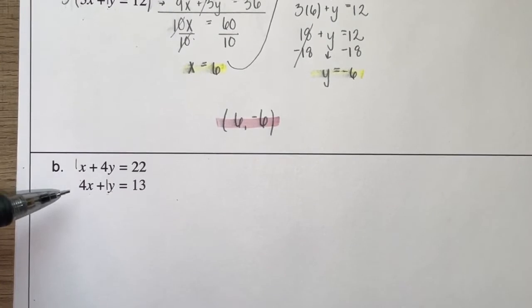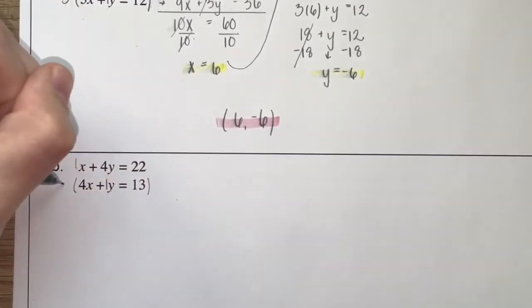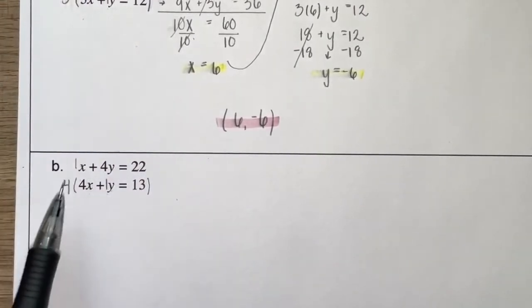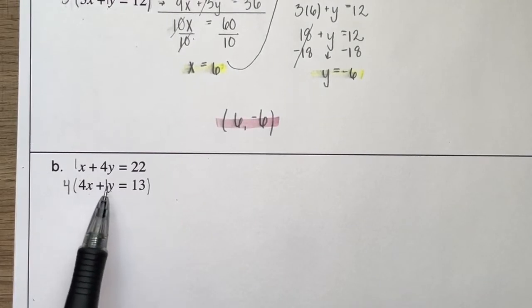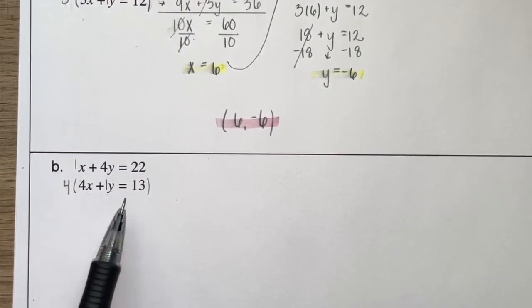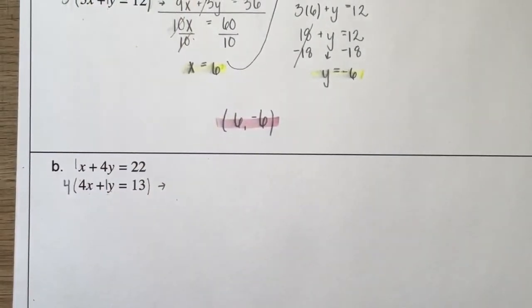So I'm going to take equation 2 and multiply it by 4. I'm going to multiply a 4 throughout the entire second equation so that this 1y becomes a 4y and it matches with this 4y. So when we multiply a 4 throughout the entire equation, we're going to distribute it in.